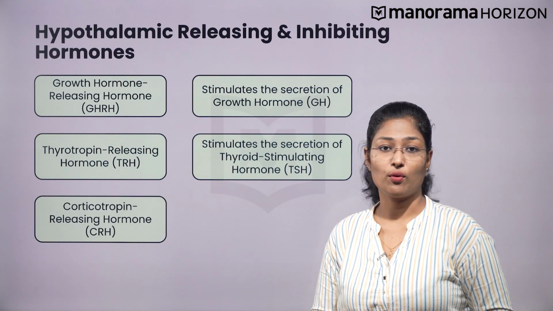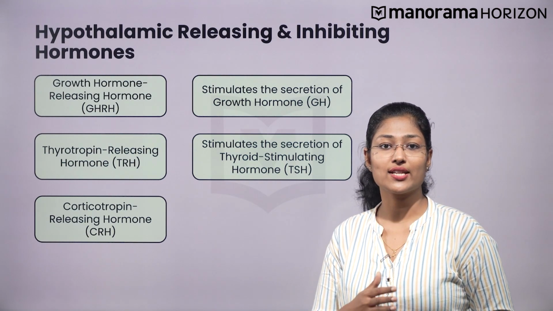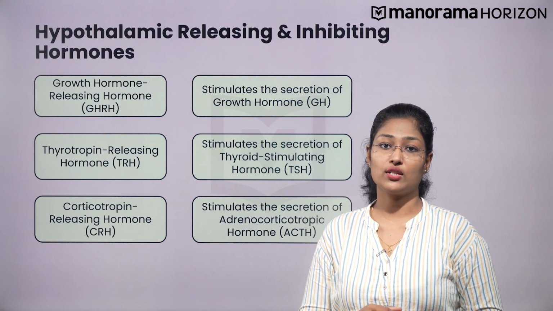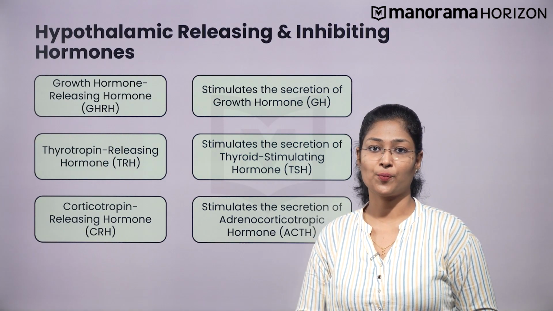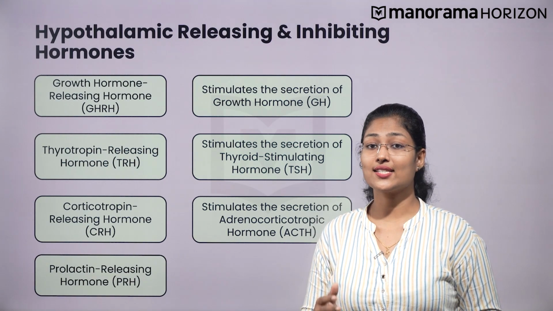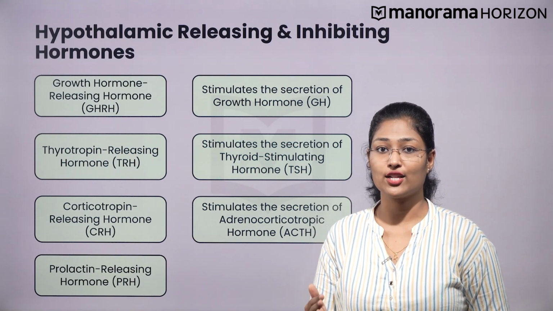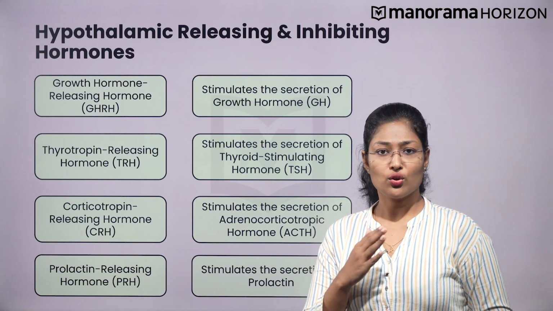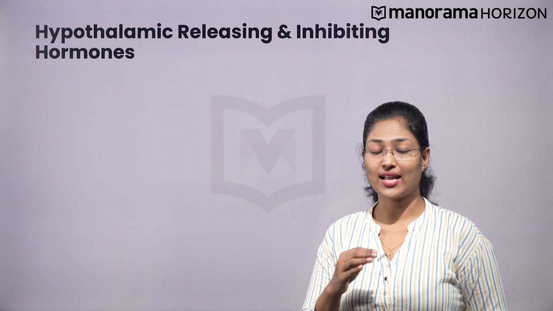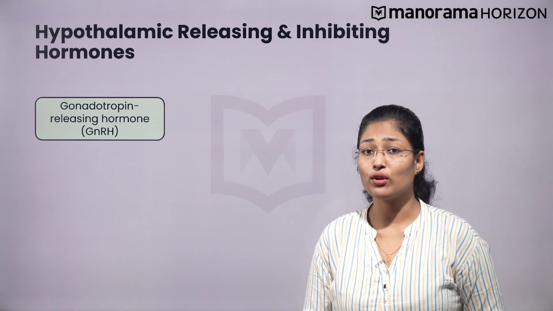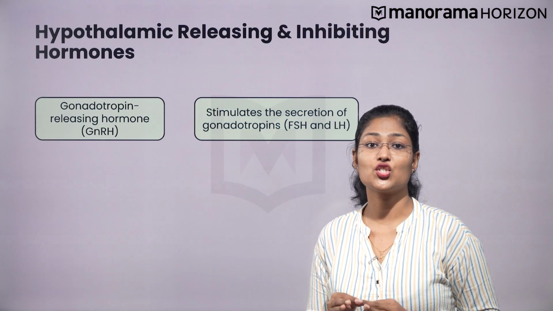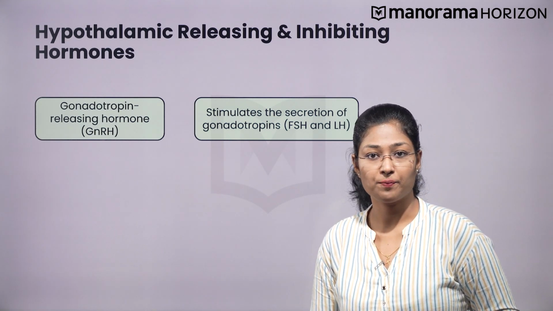Corticotropin releasing hormone or CRH stimulates the secretion of adrenocorticotropic hormone, that is ACTH. Prolactin releasing hormone or PRH stimulates the secretion of prolactin. Gonadotropin releasing hormone, that is GnRH, stimulates the secretion of gonadotropins, in which FSH and LH are included.